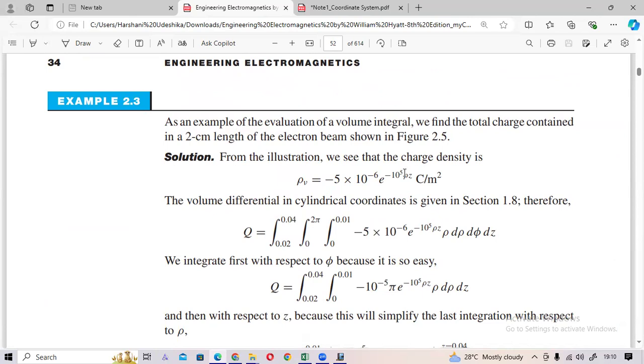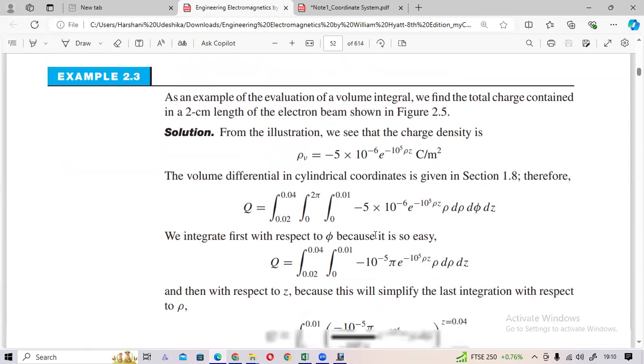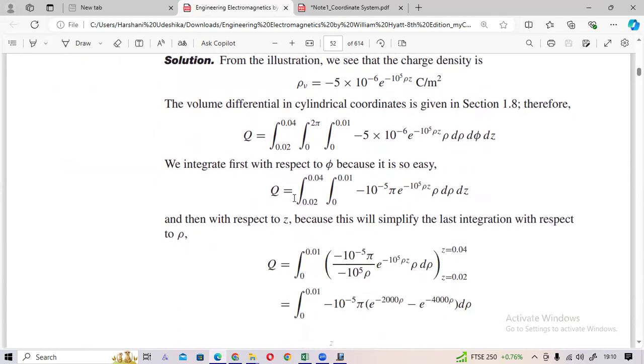So you need to find the volume charge in a cylinder. So you need to find the volume of a cylinder, so you have to evaluate this rho dρ dφ dz. And this is the volume charge. Once you evaluate these three integrations, you can find it.